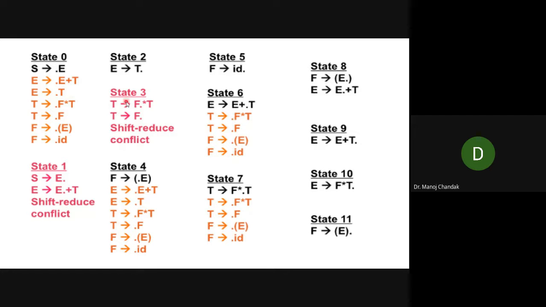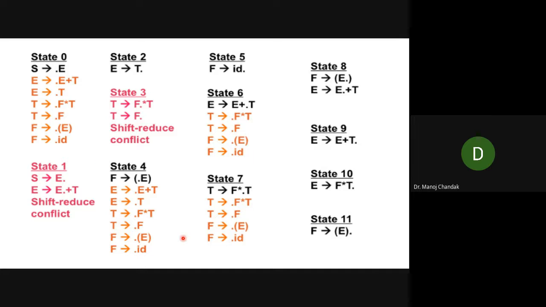Look at this. In this particular rule, there is F and dot, and in this also there is F and dot. The difference in this rule is F has some more component. Same here, S and E followed by dot, and E has some more component. So for such rules, there will be a conflict called as shift reduce conflict. If you see such rules in the process of converting this grammar into states, then definitely that grammar is not LR0 because there is a conflict of shift reduce.